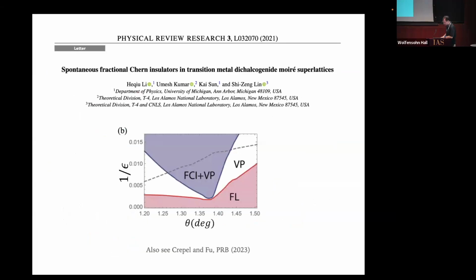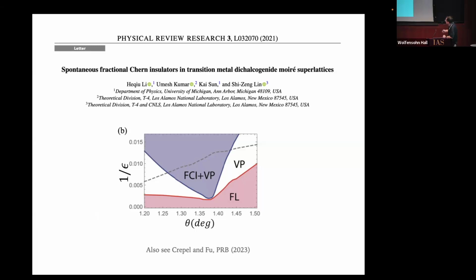And now, of course, we have a flat band. We have it also topologically non-trivial. Then the question is whether a fractional quantum Hall effect is a possibility. So about 3 years ago, Kai Sun and Shi Zhengling did just a very simple ED calculation, and they found the following phase diagram, right?